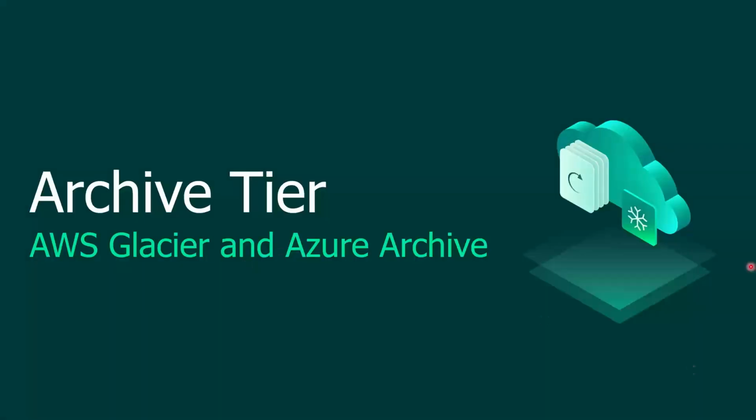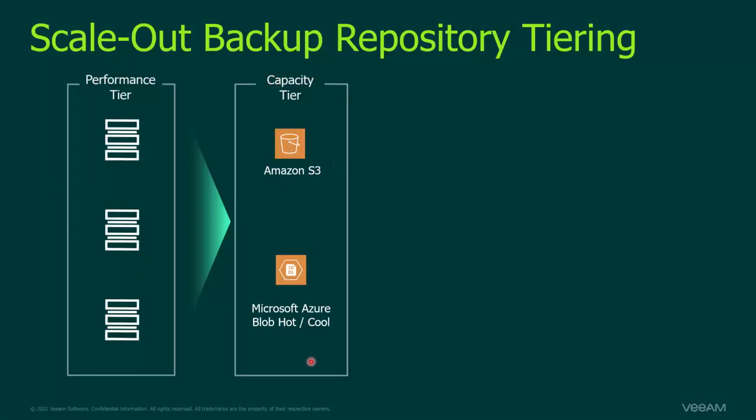So next up, it's archive tier. We've had our story with object storage for quite a while now, since 9.5 update 4, and it's been a really successful one. We had our capacity tier released back in 9.5 update 4 to allow you to move all these backups to the secondary location, to the object storage.